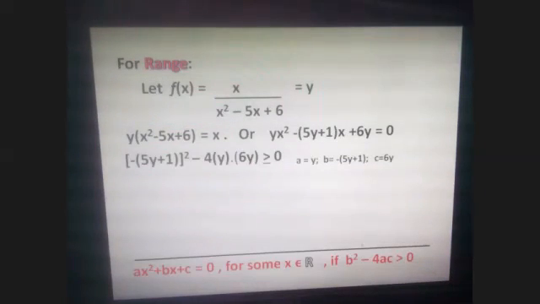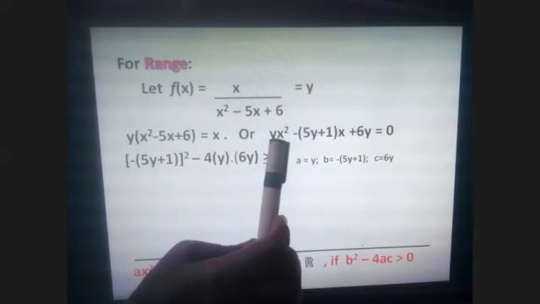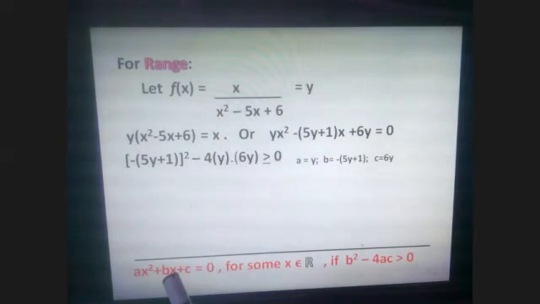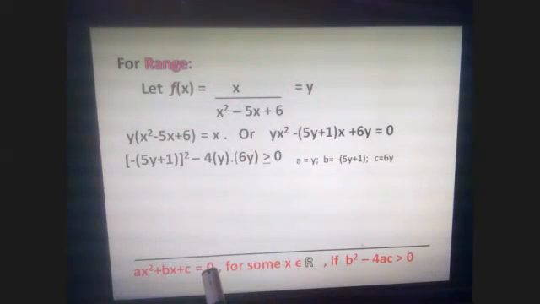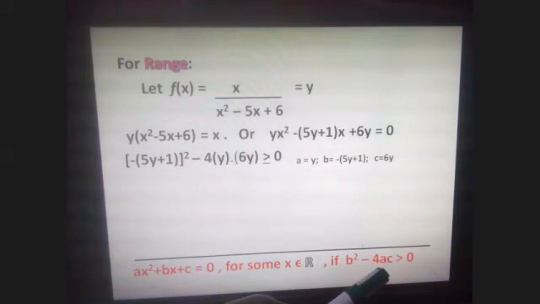Well, what does that mean? Considering this as a quadratic in x, keeping y as a constant, ax squared plus bx plus c equal to 0. If this is satisfied for some x value, that means this quadratic equation has a solution. This quadratic equation has a solution only if the discriminant b squared minus 4ac is more than or equal to 0.